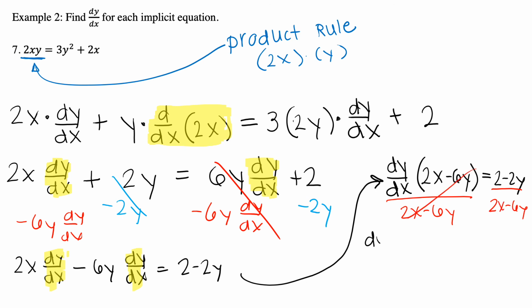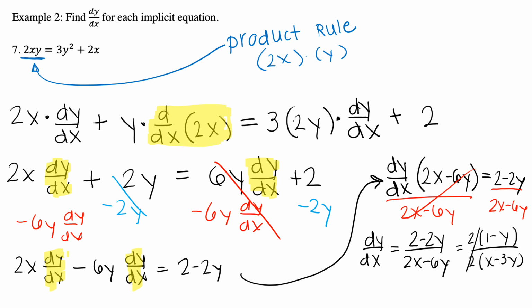So I can write dy/dx as 2 minus 2y over 2x minus 6y. And I can factor a 2 out of my numerator and my denominator. So I can write my final dy/dx as 1 minus y over x minus 3y.